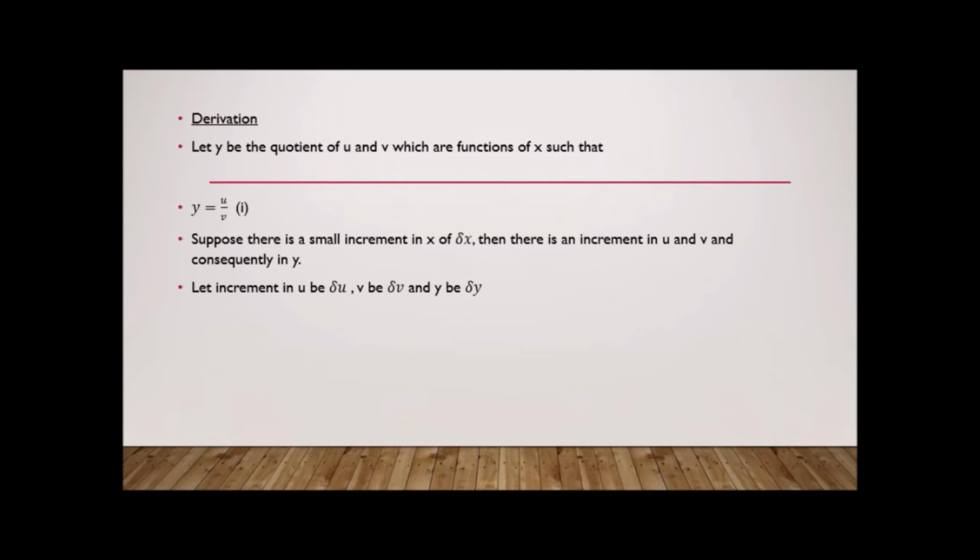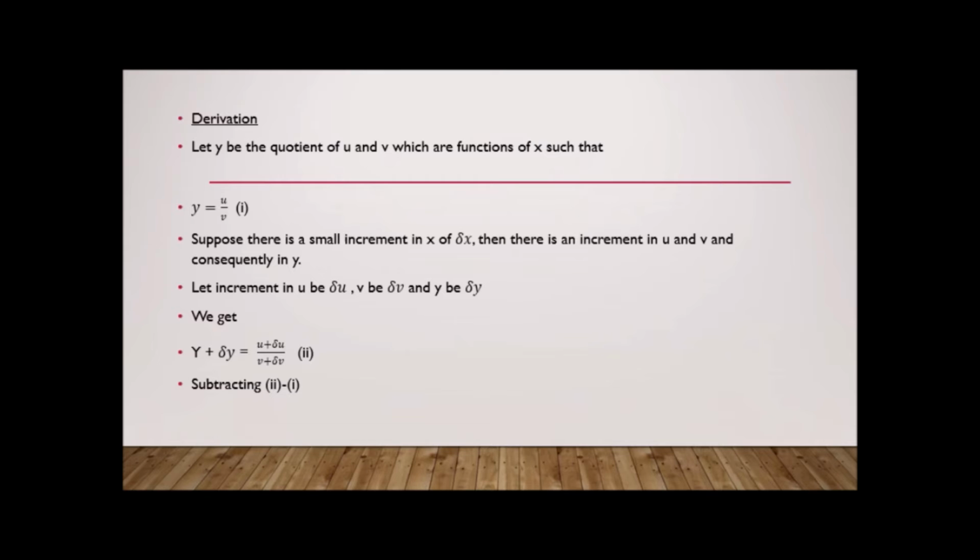Let the increments in u be δu, in v be δv, and in y be δy. So we get y plus δy is equal to (u plus δu) over (v plus δv).